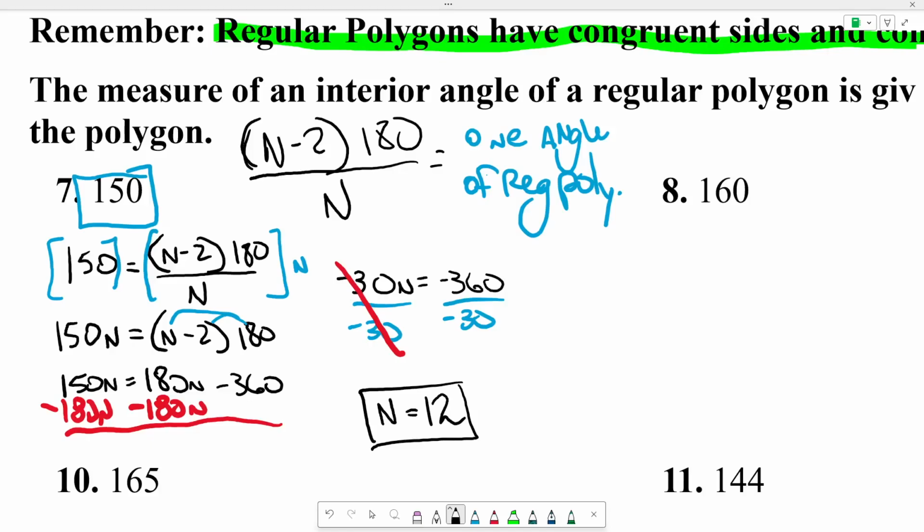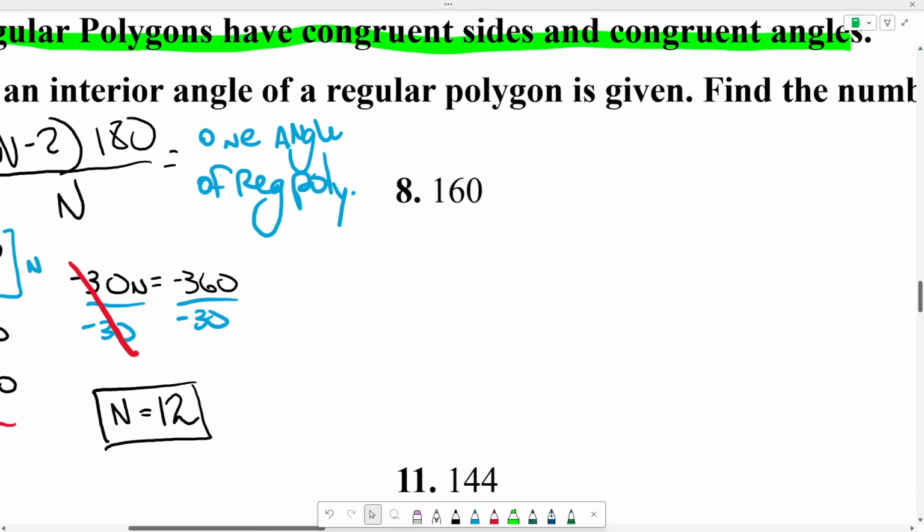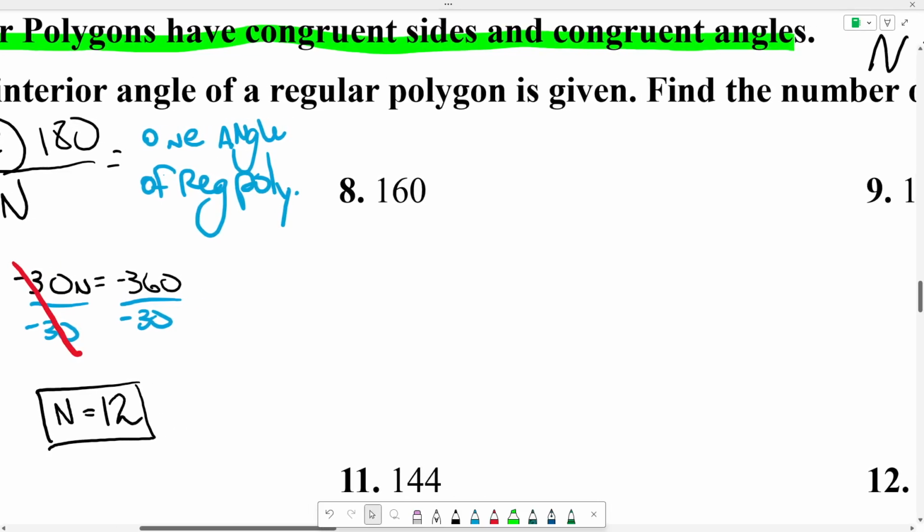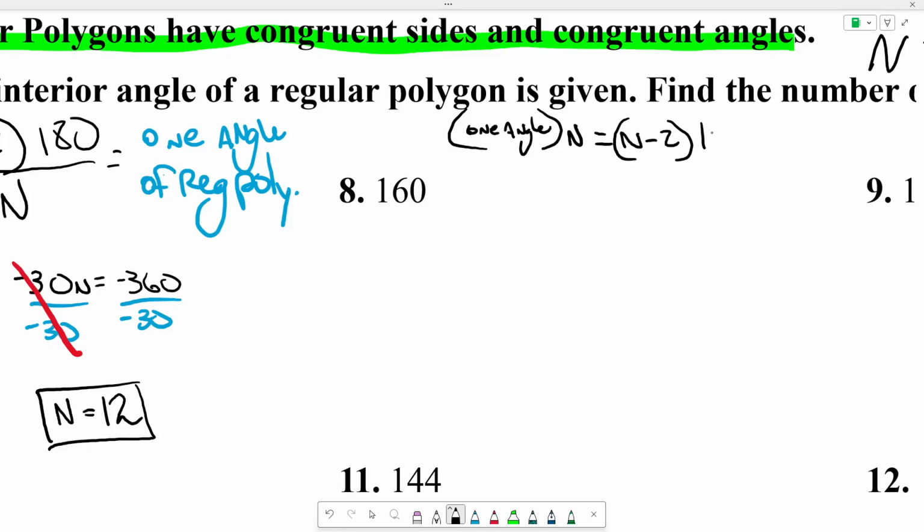Let's look at number 8. Now with number 8, we're going to go ahead and simplify a little, because every time, if I take my one angle and multiply by the number of sides, that has to equal my n minus 2 times 180 every single time.